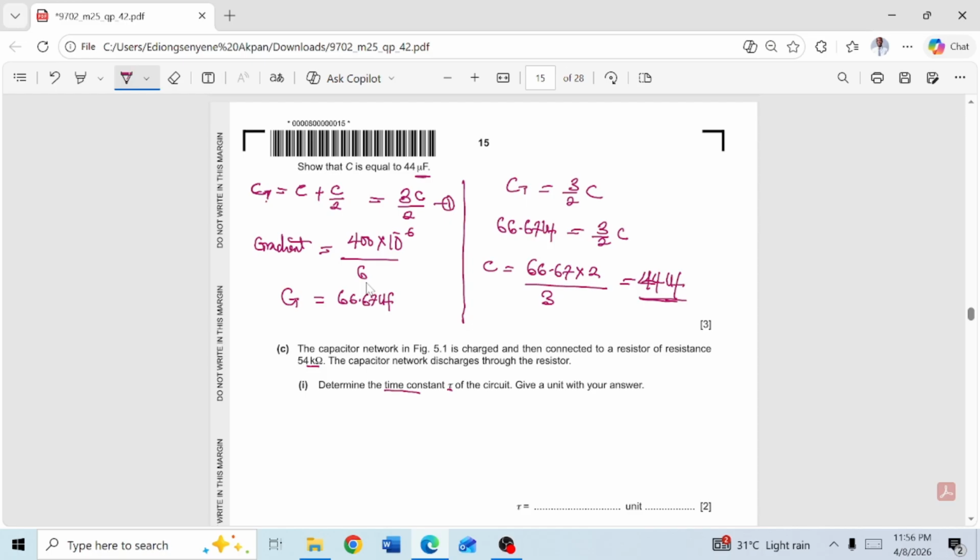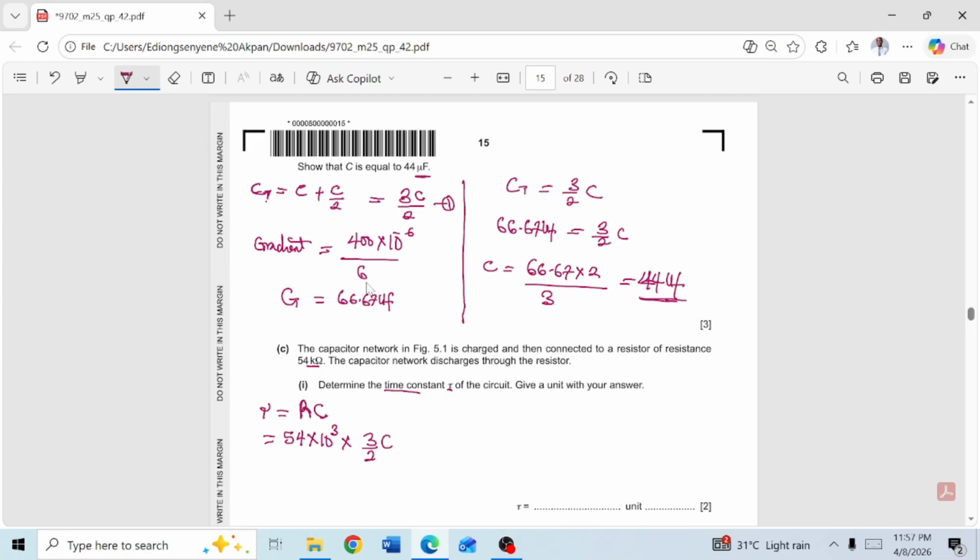It's important for you to know that time constant is the product of resistor and capacitor. Take note of that. In this case, the resistor has been given to us, which is 54 kilo ohm, that is times 10 raised to the power of 3. The total capacitance that we add is 3 over 2C.